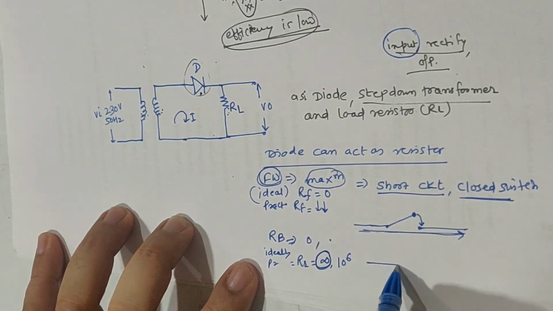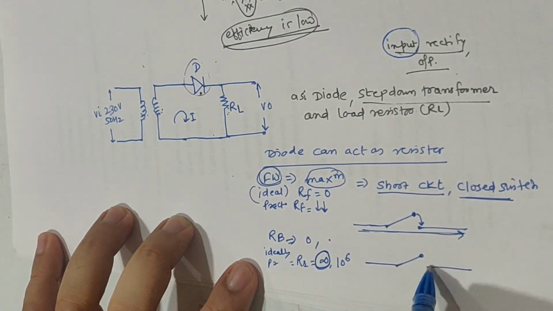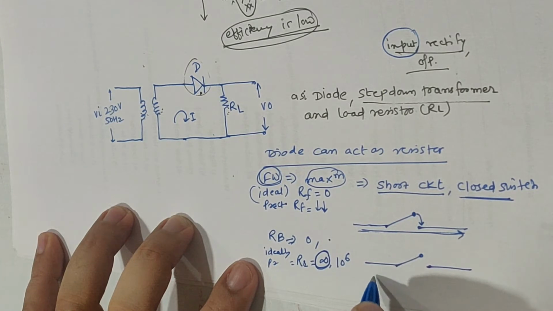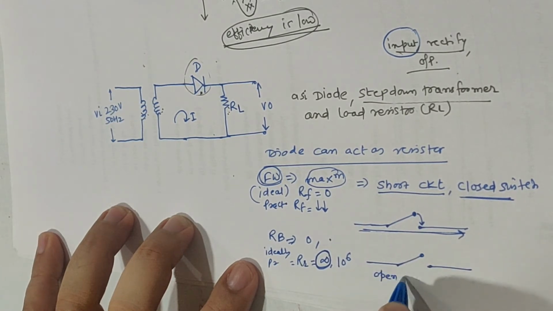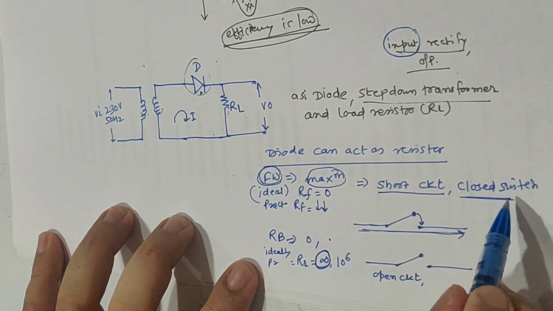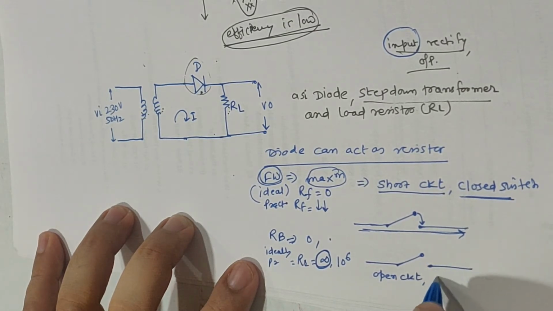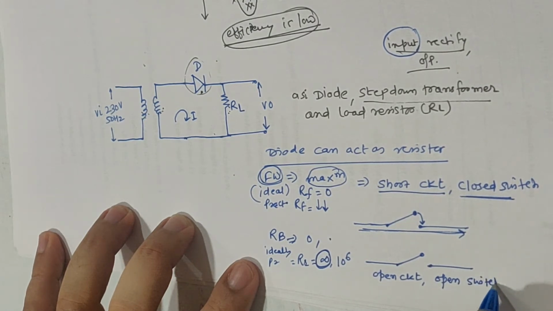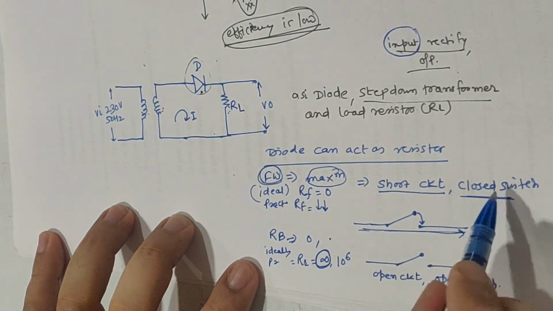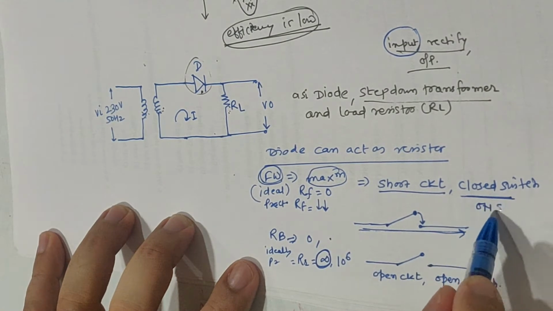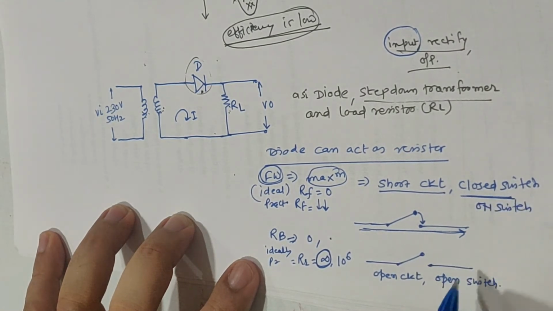So in reverse bias, the diode acts as an open circuit, or in terms of switch, an open switch. So closed switch or on switch, open switch or off switch.